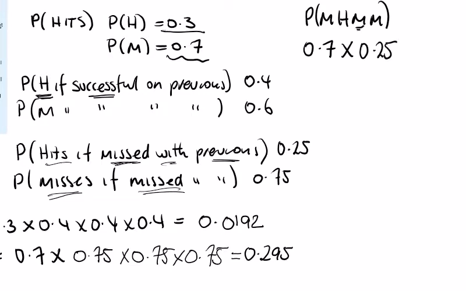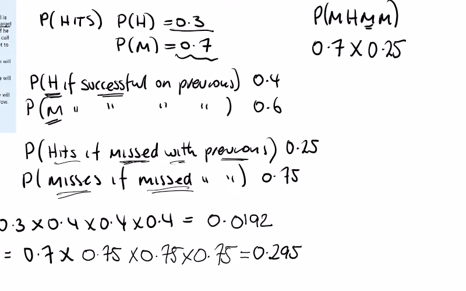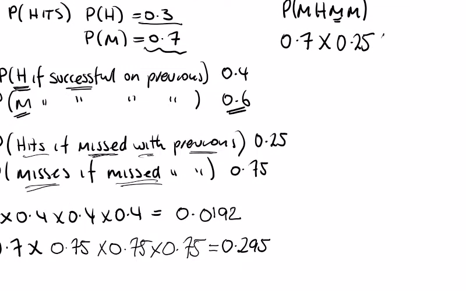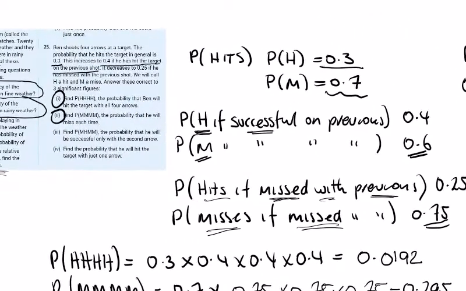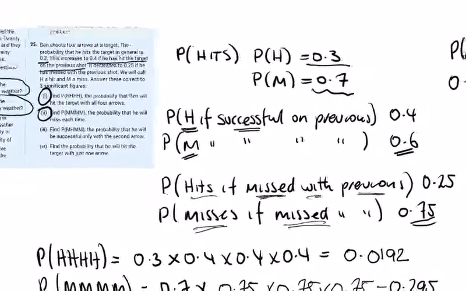So then he misses having hit previously, is this 0.6. And then he misses having missed previously, it's back down to this 0.75. And that's going to give us an answer of 0.0788 for that one.